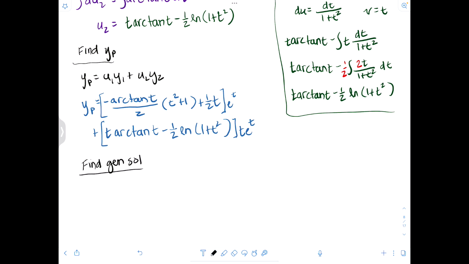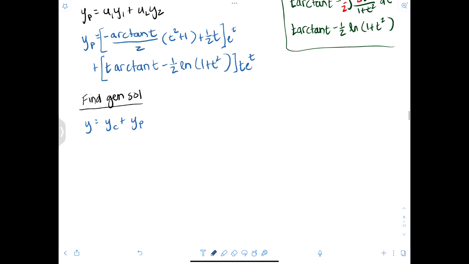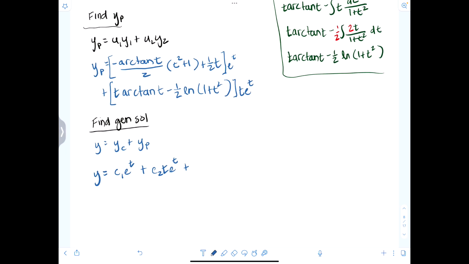All right, so find the general solution. Well, remember our general solution is y equals yc plus yp. So our yc from many moons ago was c1 e to the t plus c2 t e to the t. Now we'll do our particular.